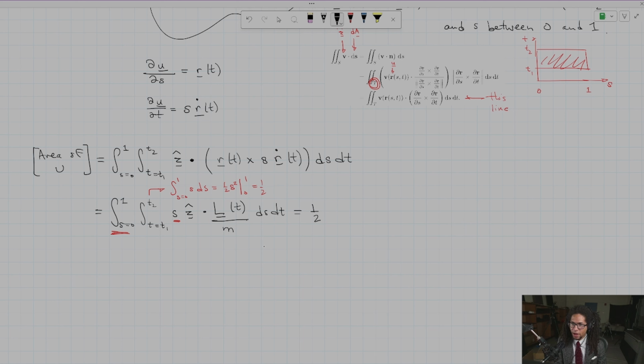Okay, so anyway, I have 1/2 times the integral from t1 to t2 of z. And actually, why don't I just pull out my m? So I'll have 1 over 2m z dot L of t dt.